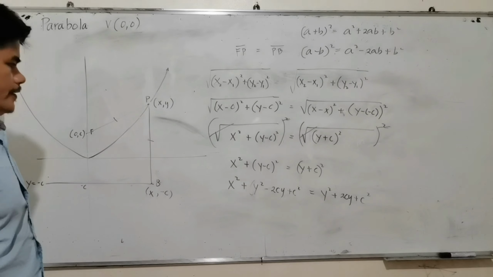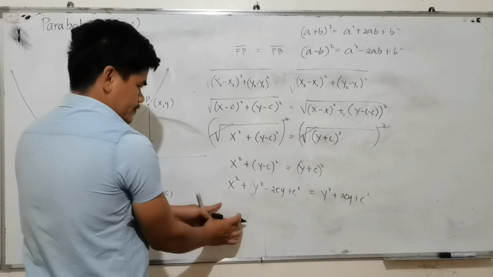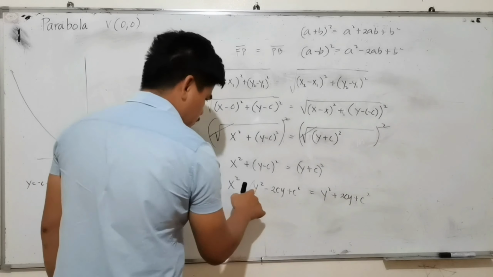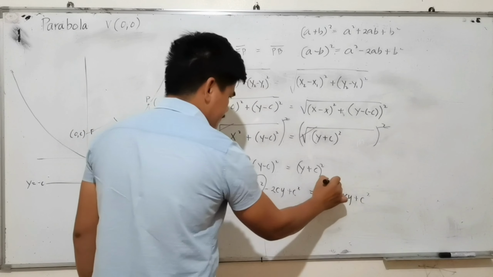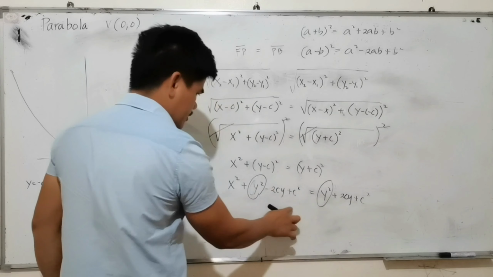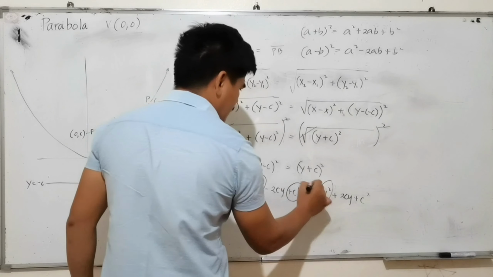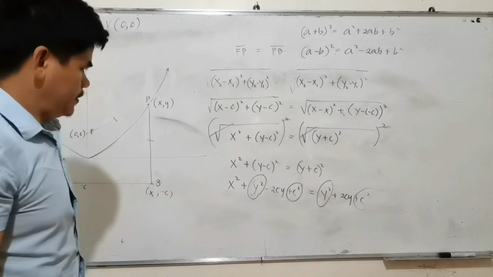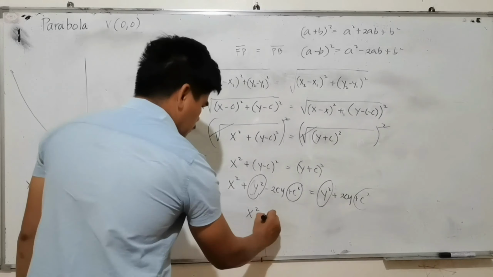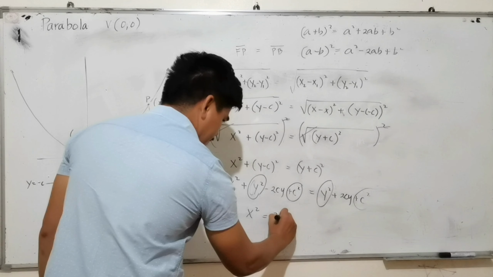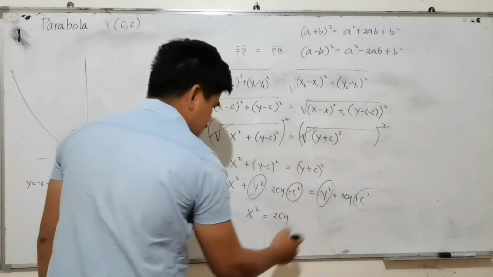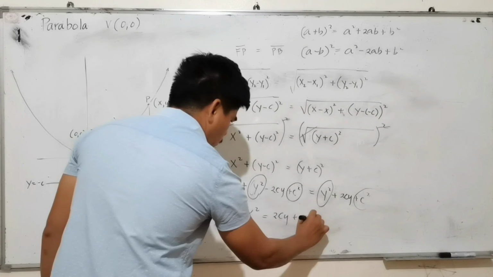Now, if we transpose this part here, we will eliminate the y squared, right? y squared minus y squared will be eliminated. What else? c squared minus c squared, if we transpose this to the other side, so c squared will be eliminated. Then what is left is x squared equals negative 2cy minus 2cy... then this negative 2cy will be transposed to the other side and become positive 2cy.